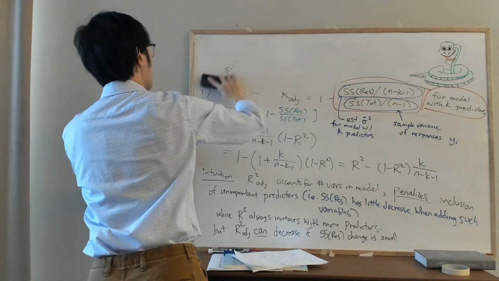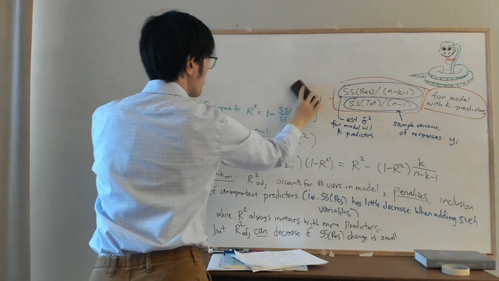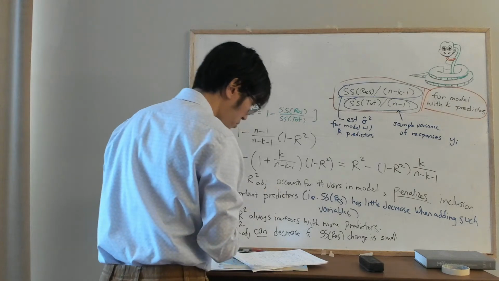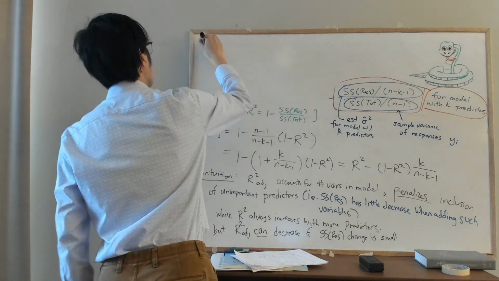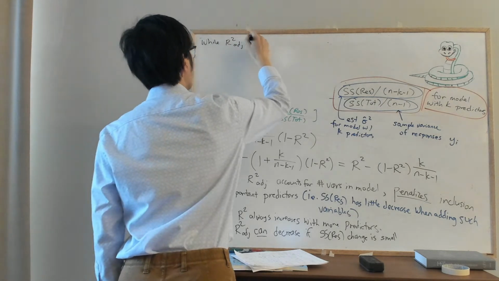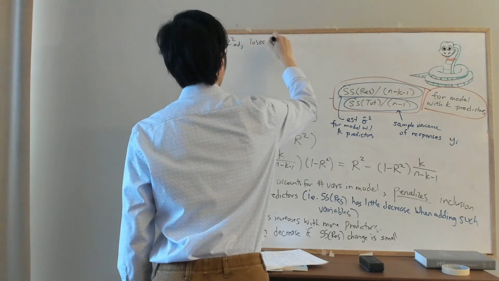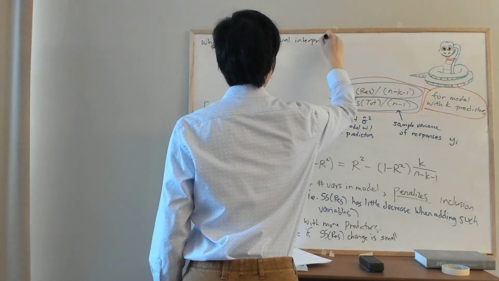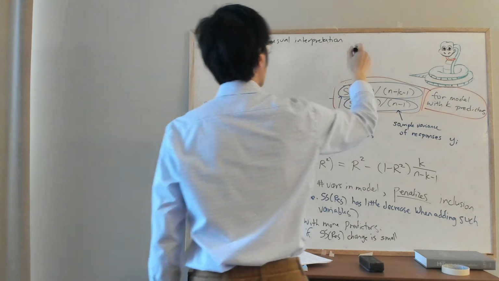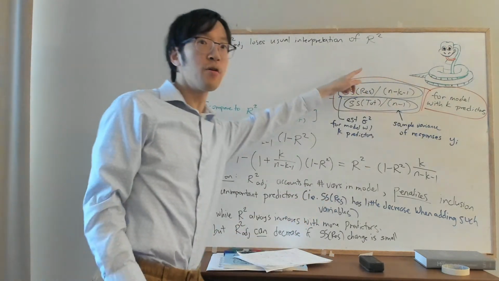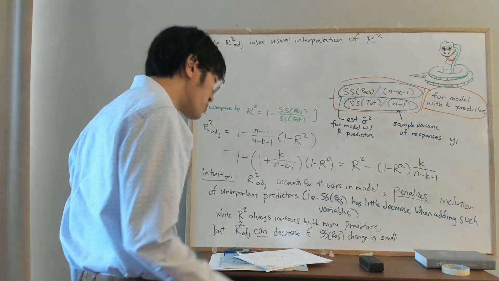So while R squared adjusted loses the usual interpretation of R squared, it's no longer the fraction of variance explained in the response.